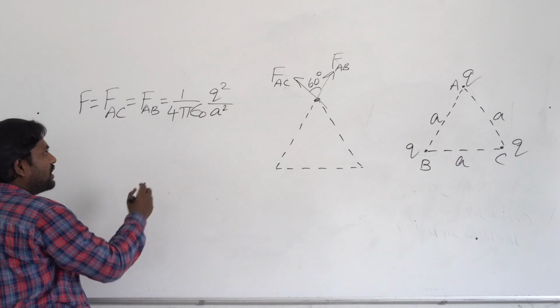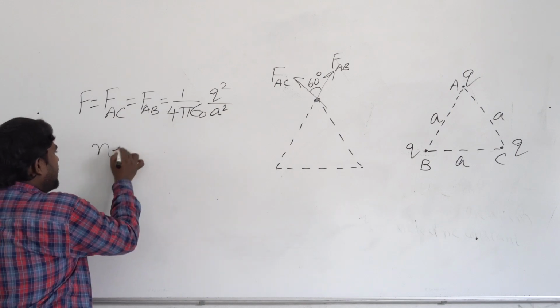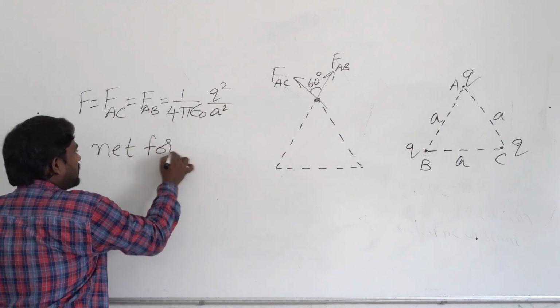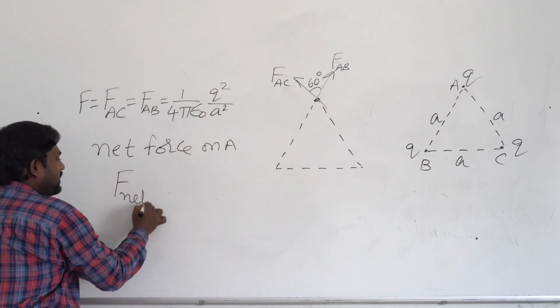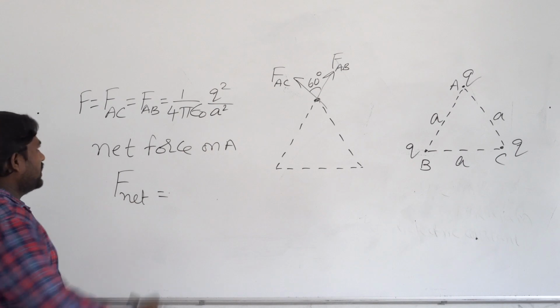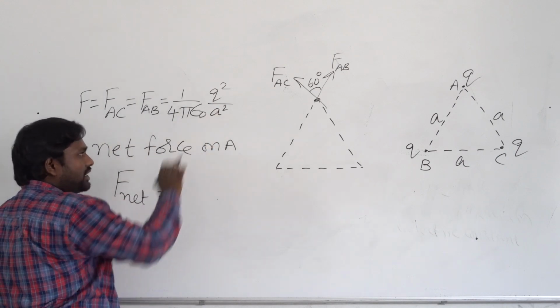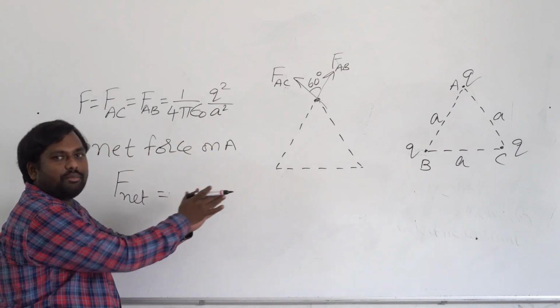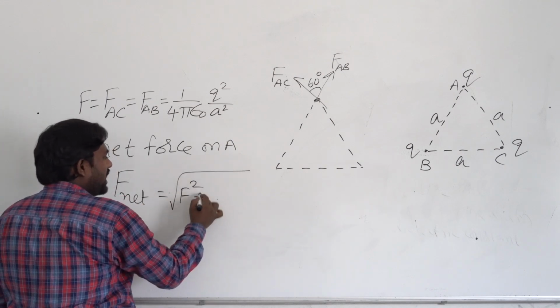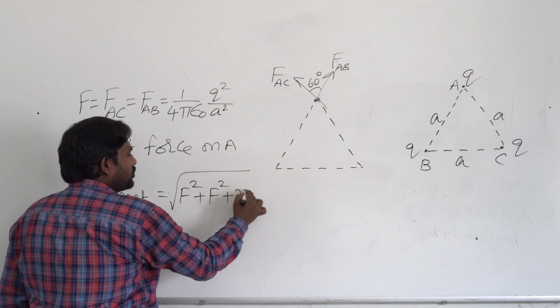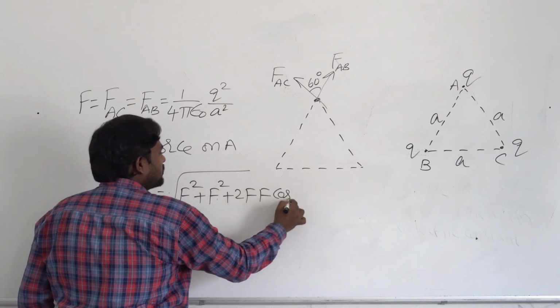Now the net force on A, let us say F net, is equal to, these two forces are acting on A with an angle of 60 degrees between them. So under root A square plus B square plus 2AB cos theta.